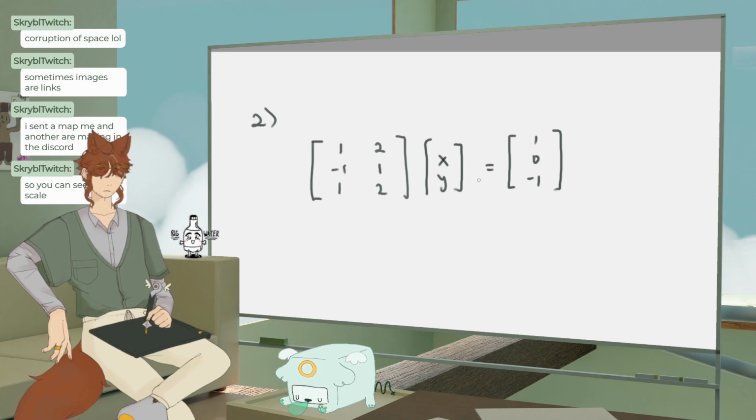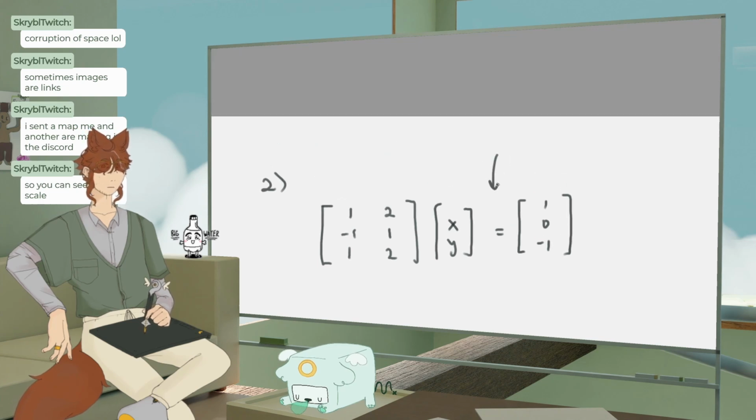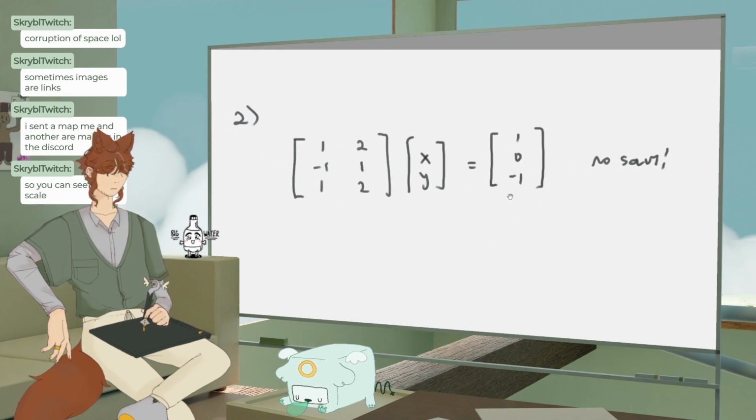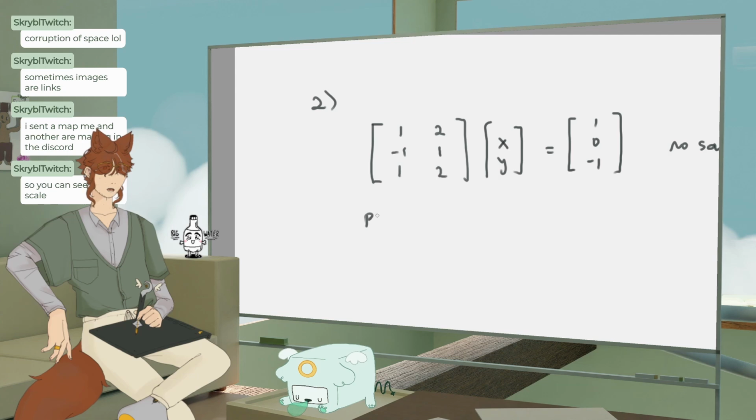Okay, so for context, this is a system of equations with no solution. Okay, so we know there's no solution. So we want to project, or we're trying to find the best fit approximation.